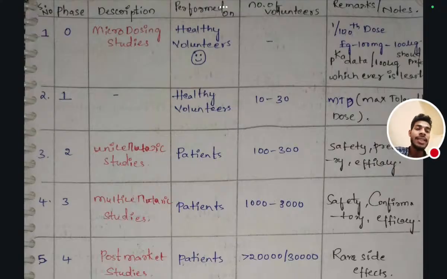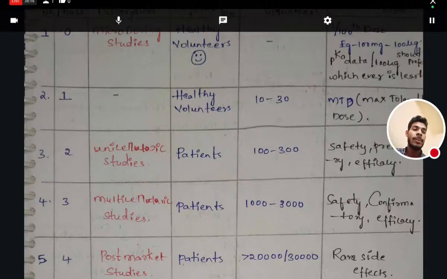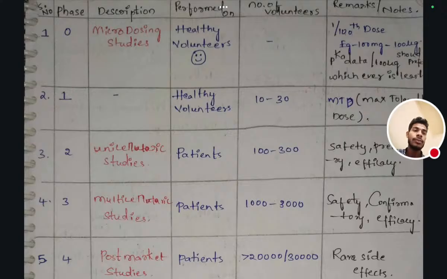Now, what are the numbers of volunteers? For phase 1, 10 to 30, for phase 2, 100 to 300, for phase 3, 1000 to 3000. That means you have to add one more 0. And more than 20,000 up to 30,000 for phase 4.